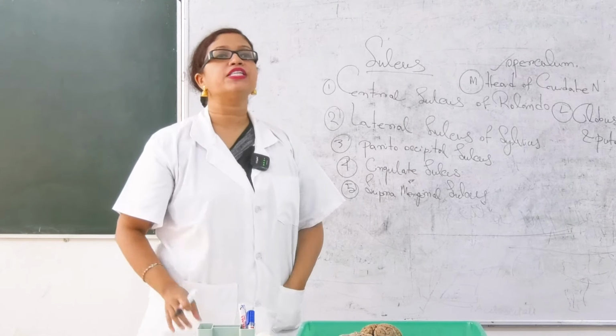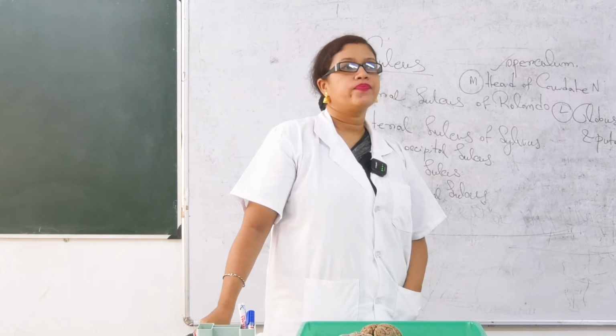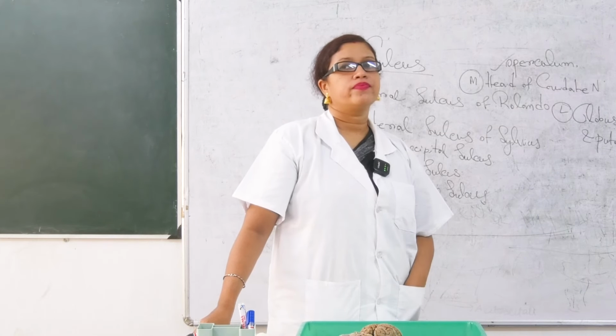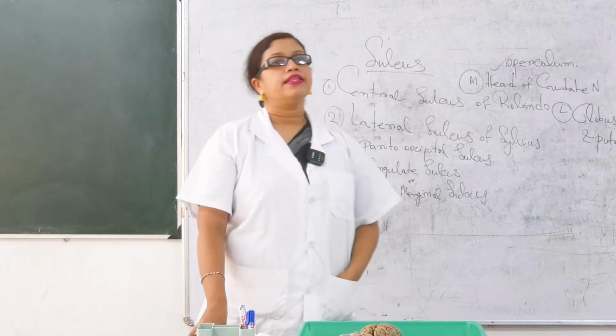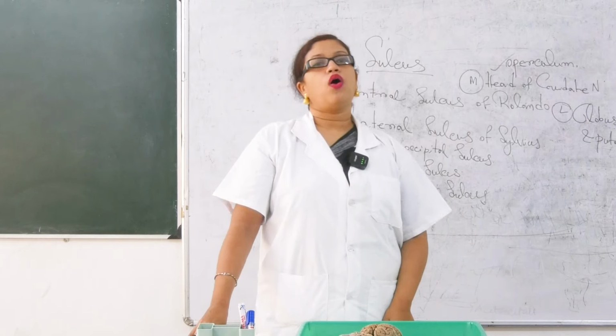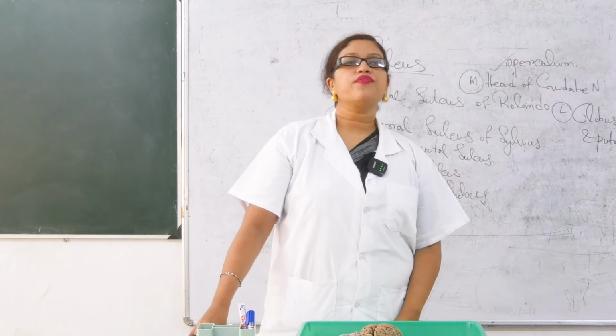CSF is formed by the ependymal cells of the third ventricle, or the roof of the third ventricle.